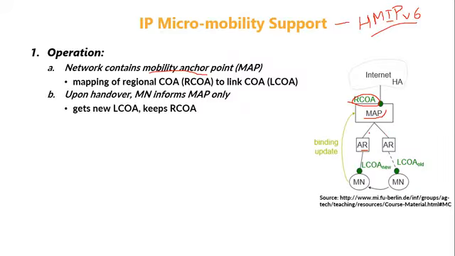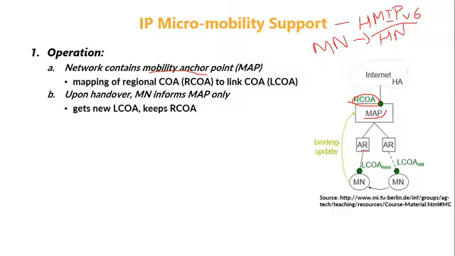To this AR, you can see there are many MNs attached. Assume there is a mobile node which is normally registered with a home agent or home network. Consider this mobile node is moving to a foreign network.